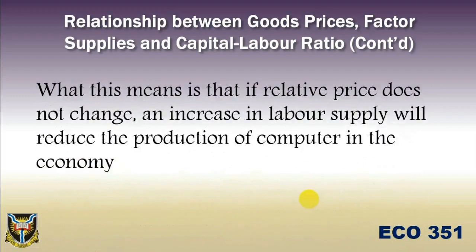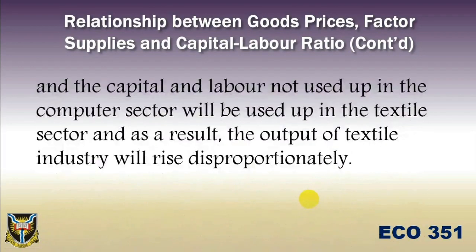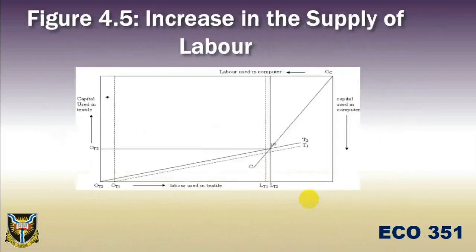What this means is that if relative price does not change, an increase in labor supply will reduce the production of computer in the economy, and the capital and labor not used in the computer sector will be used up in the textile sector, and as a result, the output of the textile industry will rise disproportionately. How do we know this?